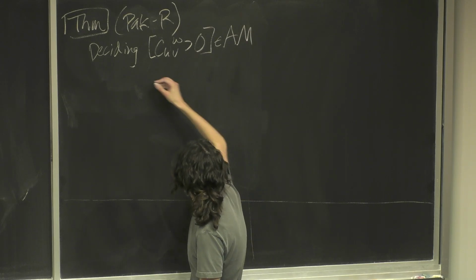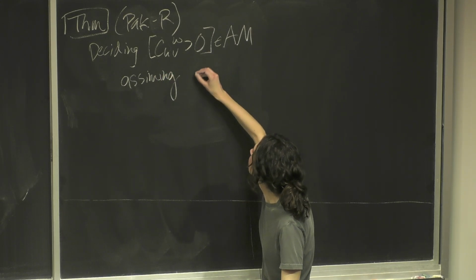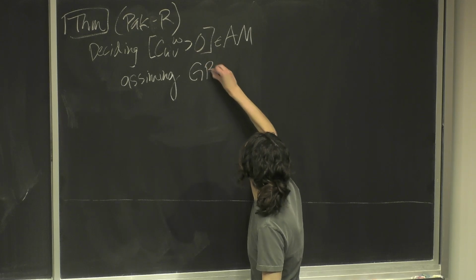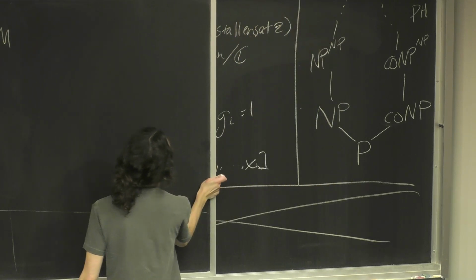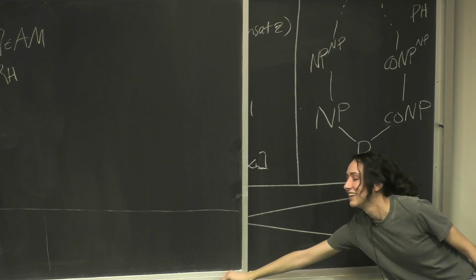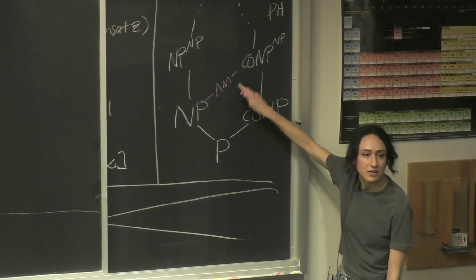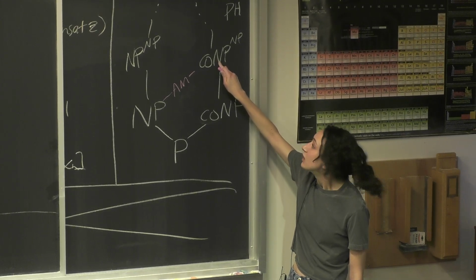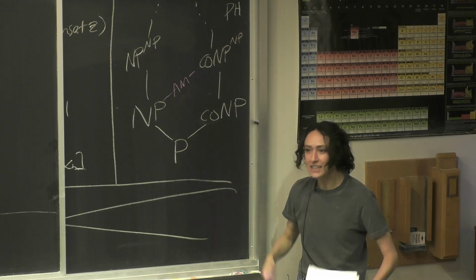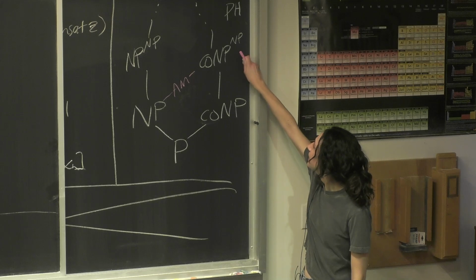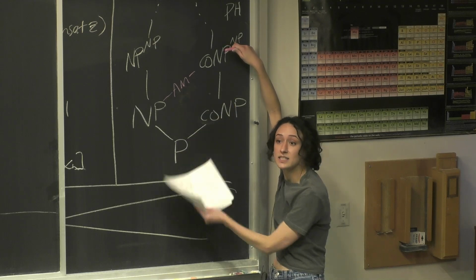It's going to be in the class AM, but we do have one assumption: we'll have to assume the generalized Riemann hypothesis. This class AM is sitting between the first and second levels here. So not only do we know that this problem is in the polynomial hierarchy, if you allow me to assume GRH, but moreover, it's rather low in the hierarchy. It's within the second level itself.